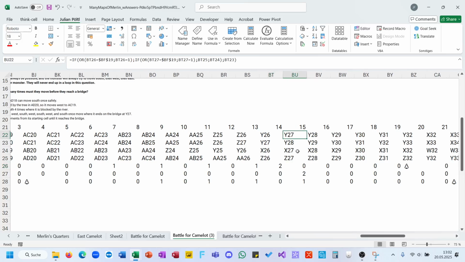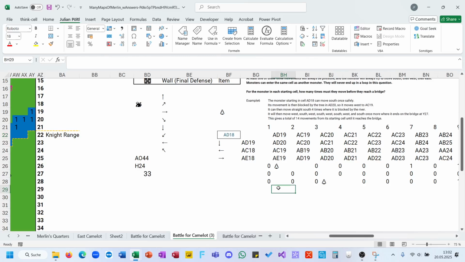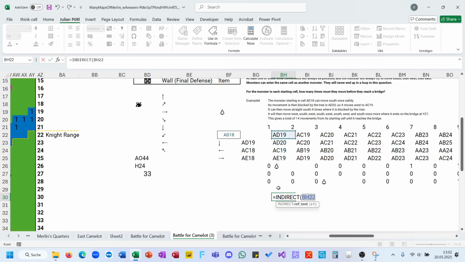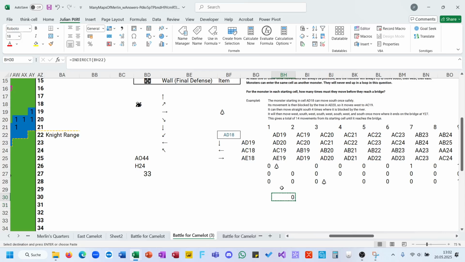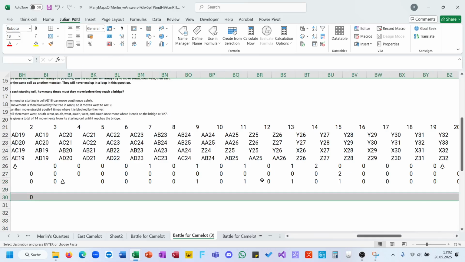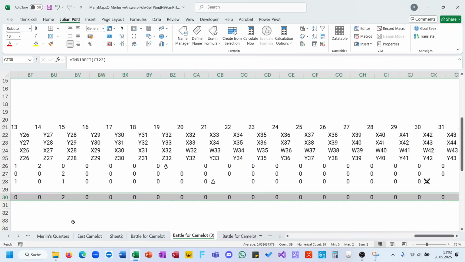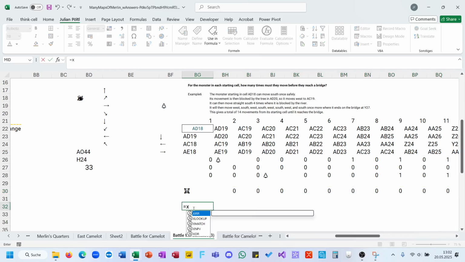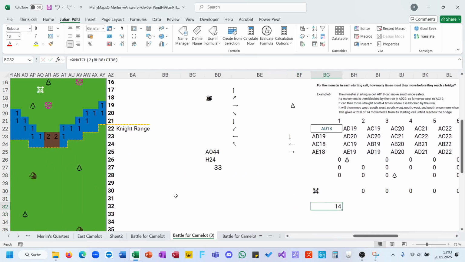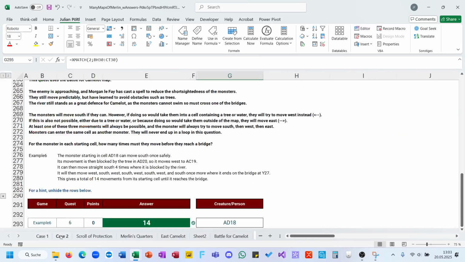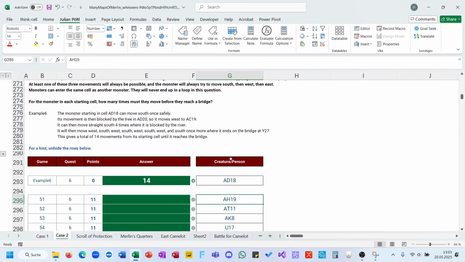Okay, because this is the cell, I then need an indirect of this, because this is the cell we are in. And I then need to find the first 2 with an XMatch, which is 14. Okay, this took me a while, but let's see.